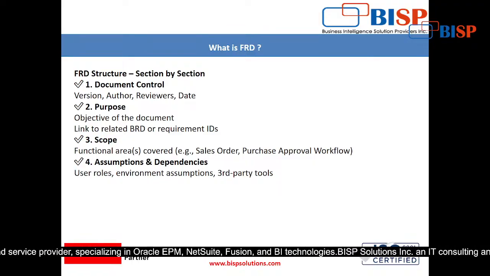The second page: purpose, objective of the document, link to related BRD or requirement IDs. Scope. Now see here, scope means exactly what we are going to provide in this functional requirement document, functional area covered, right? All these things.